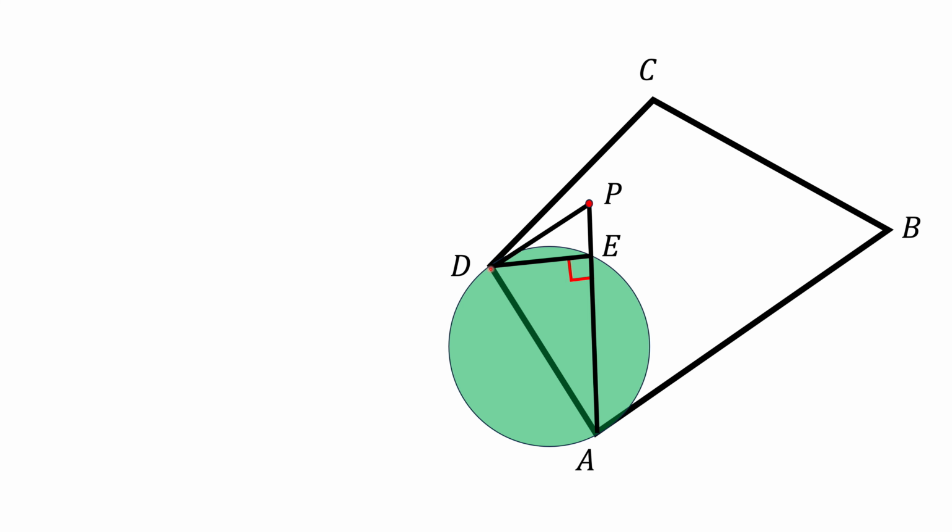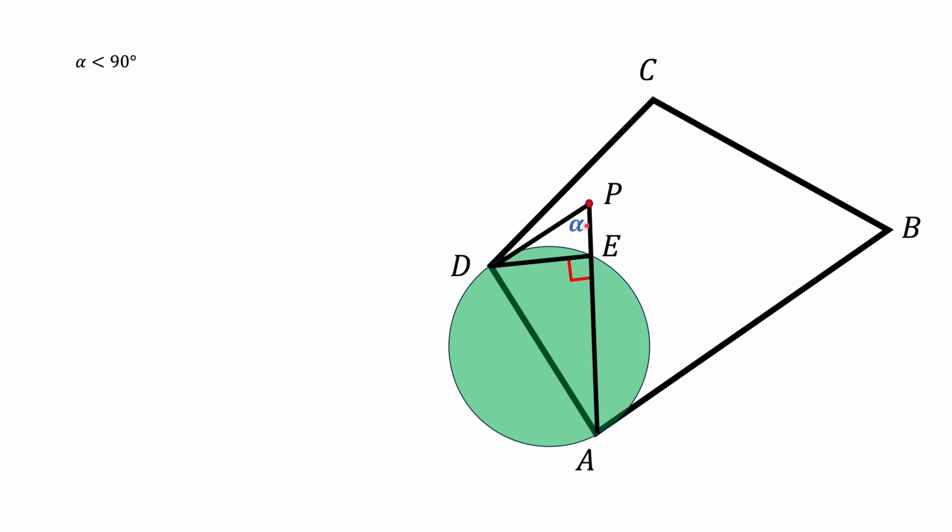But now if you look at the triangle DPE, it's a right triangle. The sum of all the internal angles should be 180 degrees. Angle E is 90 degrees, therefore the sum of angle P and angle D should be 90 degrees. But that means that each of those angles has to be less than 90 degrees. So this angle alpha here has to be less than 90 degrees.